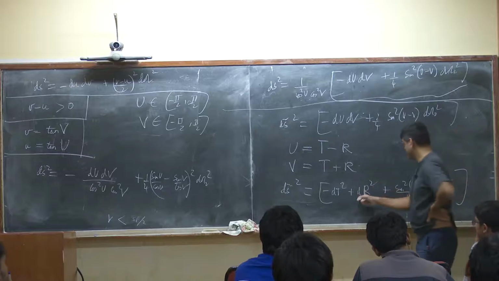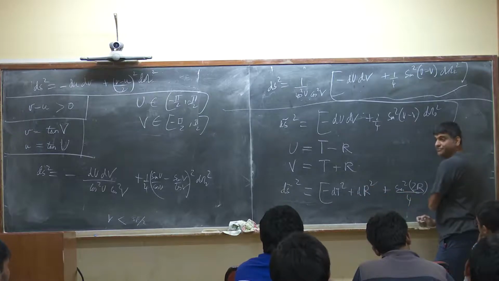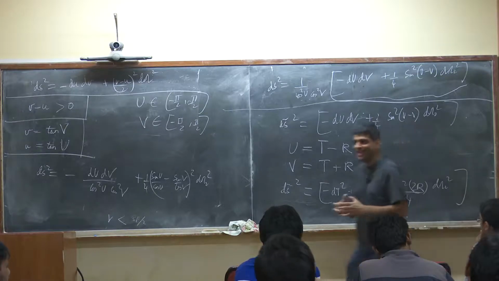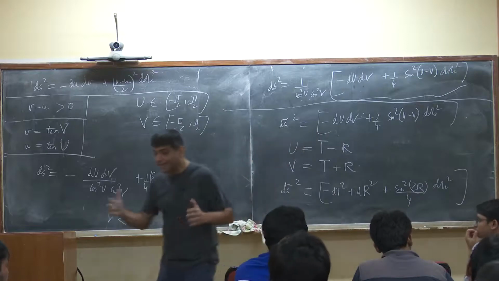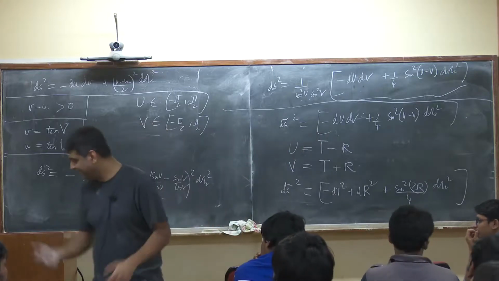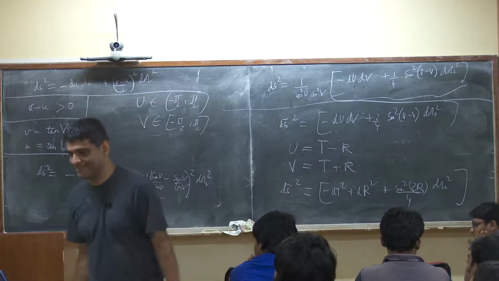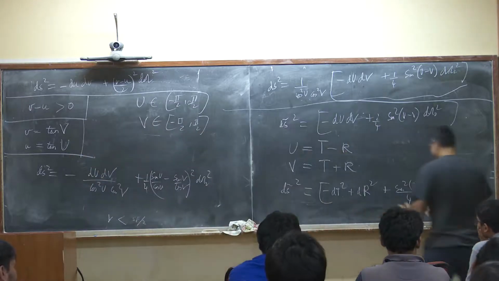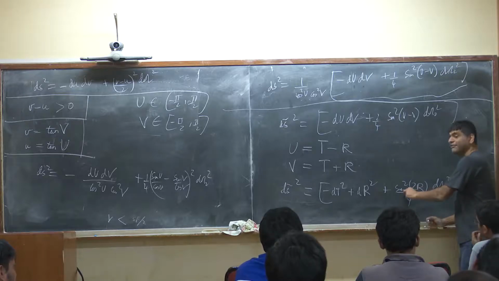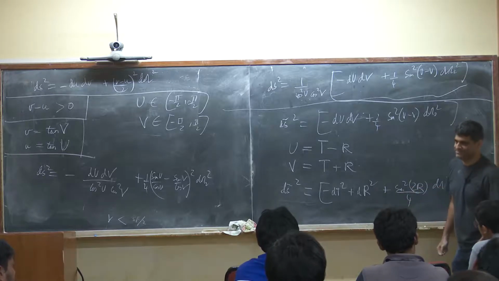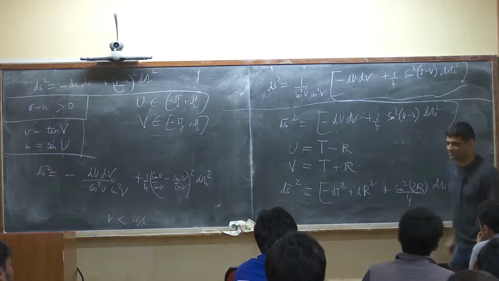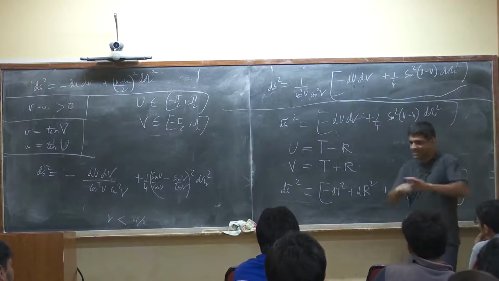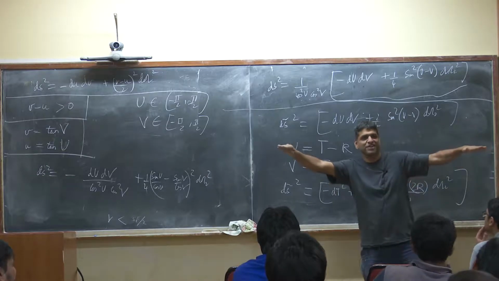Minus dt square plus dr square, the only way it differs is that spheres at each point, instead of their size behaving like r squared, grow at a different rate. And in particular, we will see that they never become arbitrarily big, because sine is a bounded function. So near r equals 0, they start growing and then they decide to saturate out.